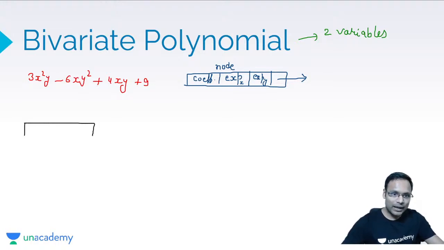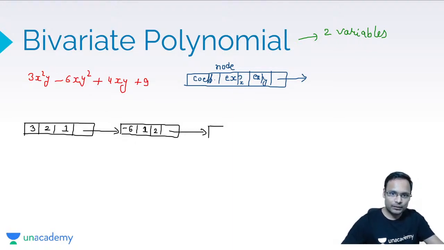The linked list will be like this: coefficient is 3, power of x is 2, power of y is 1, and link pointer. Then second particular term will have coefficient minus 6, power of x is 1, power of y is 2, and next. 4 is coefficient, power of x is 1, power of y is 1, and next.